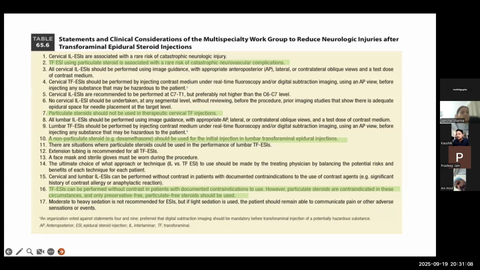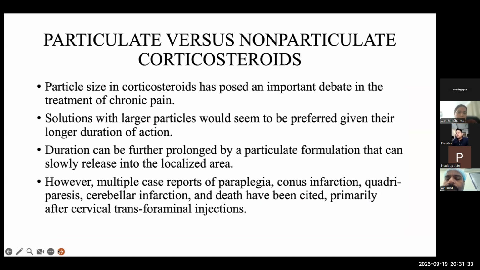Also, they have recommended that a non-particulate steroid such as dexamethasone should be used for lumbar transforaminal epidural injections as well, and cervical and lumbar intralaminar epidural steroids to be performed without contrast in patients with a documented contraindication to the use of contrast agents.